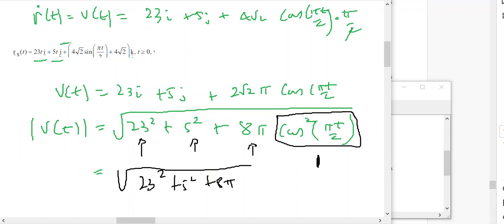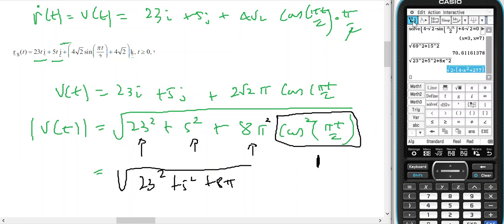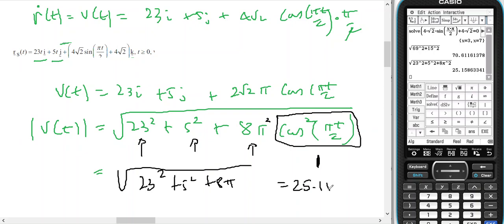So on my calculator, I've got a square root there already, 23, 5, plus 8 pi squared, and that gives me 25.1586.